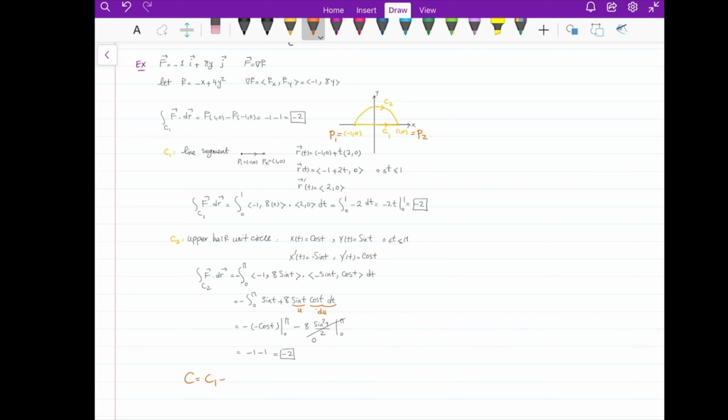So the integral over C is the integral over C1 minus the integral over C2, which is negative 2 minus negative 2. So I get 0 here, because the integral over the closed curve C is 0, and everything here is just because my vector field is conservative.